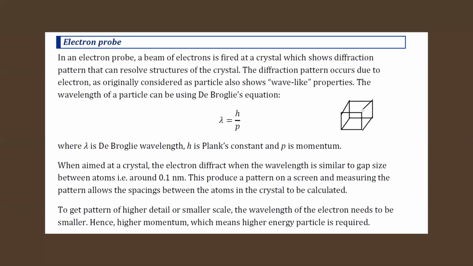We pass electrons, and if the wavelength associated with the electron matches the distance, the gap between the ions, then diffraction will occur. The electron is a particle, but diffraction occurs, which shows it is not acting like a particle. Actually, it is acting like a wave. Is it clear?